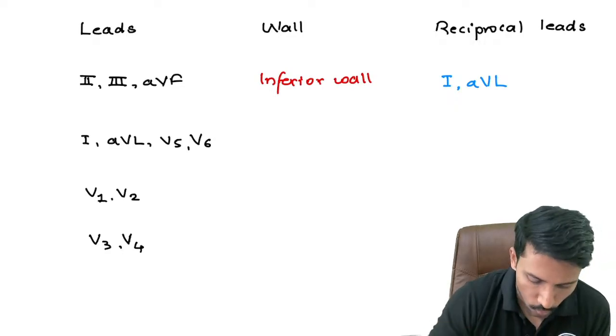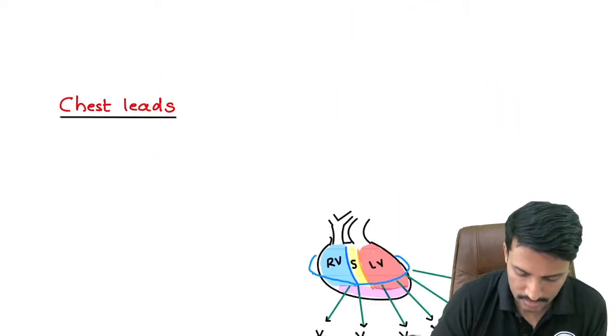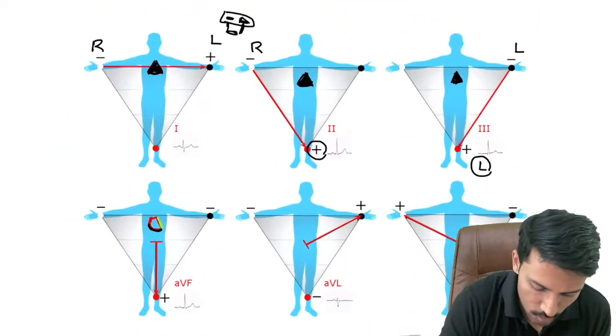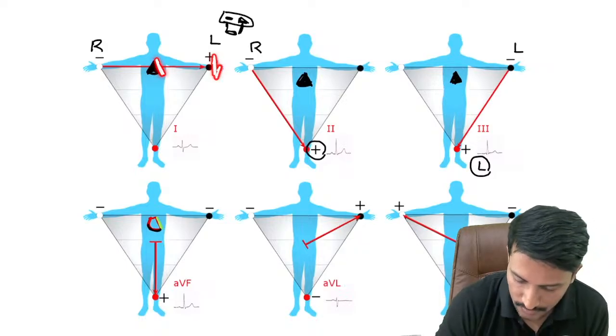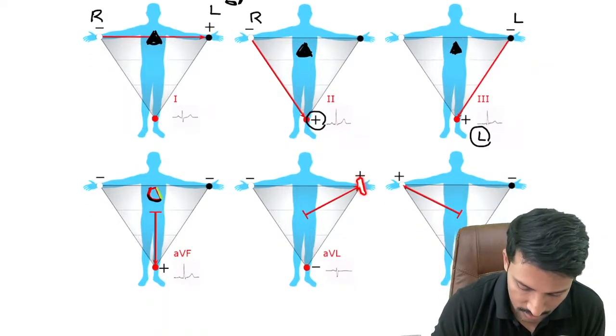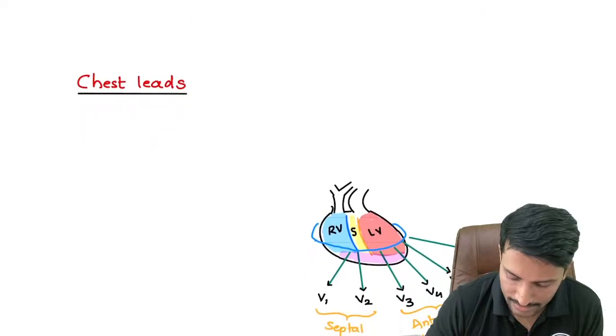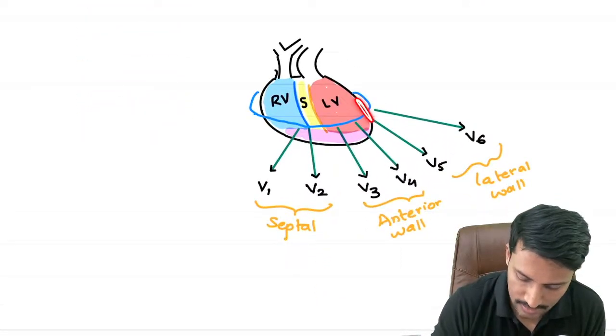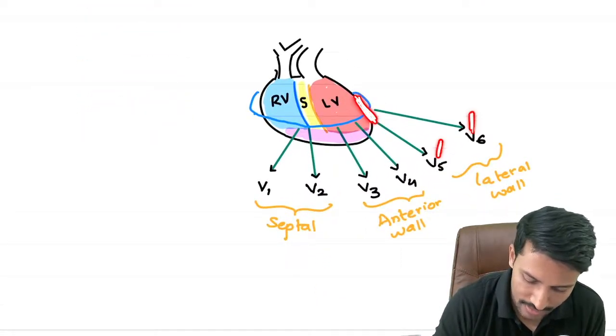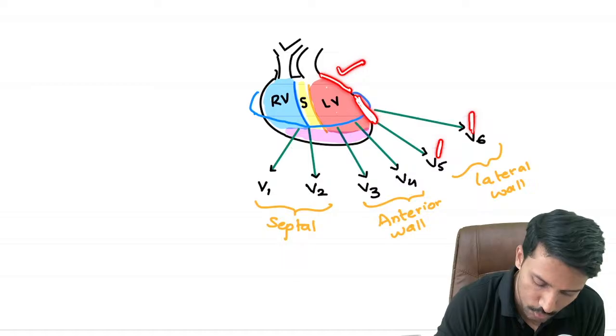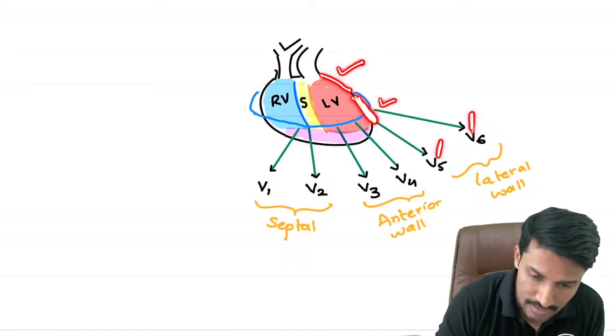So now 1, aVL and V5, V6. Remember, 1 is looking at the lateral wall, camera here, right? aVL, camera here, is looking at the lateral wall. And V5, V6, camera here and here, are also looking at the lateral wall. 1 and aVL see the higher portion of the lateral wall, and V5, V6 the lower portion.